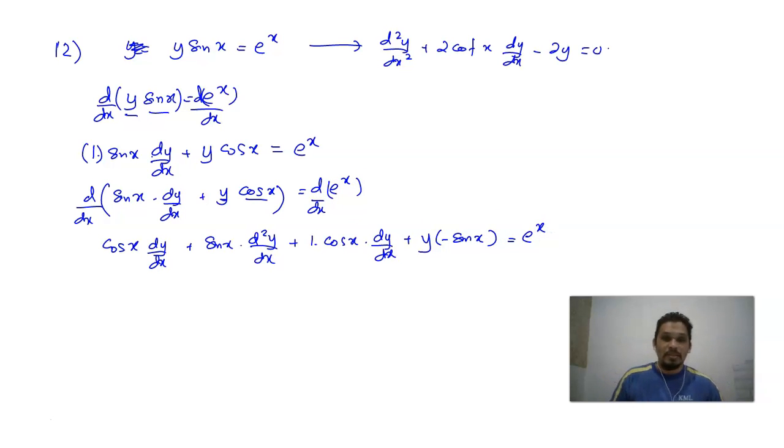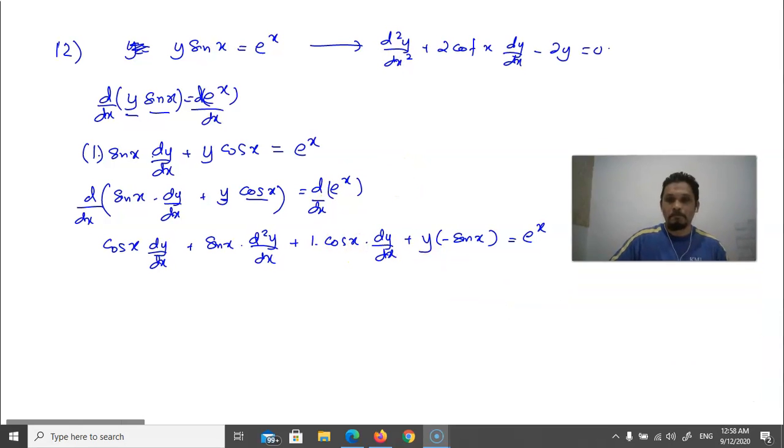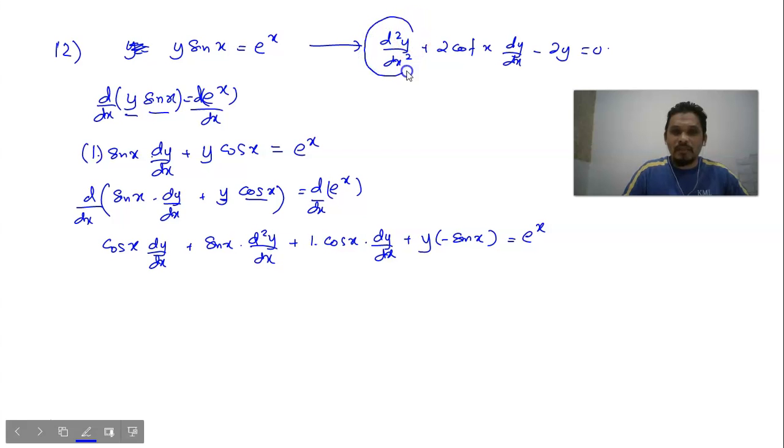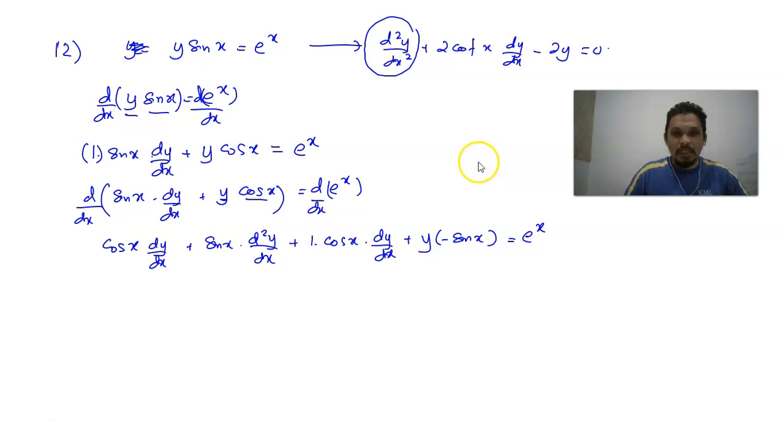Okay, so how are we going to compare this with this one here now? Okay, so what I get here now is second derivative of y respect to the x. What if I divide by sine x, because what I have here now is sine x, second derivative of y respect to the x. So if I divide by sine x on left and right, and of course sine divided by sine equal to 1.